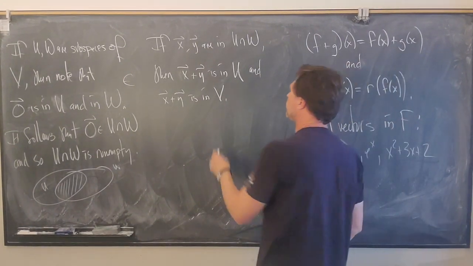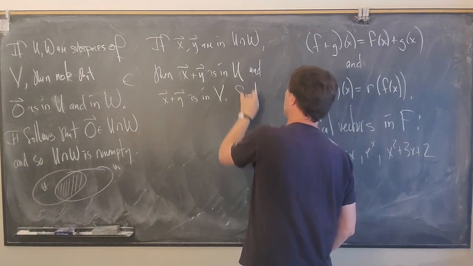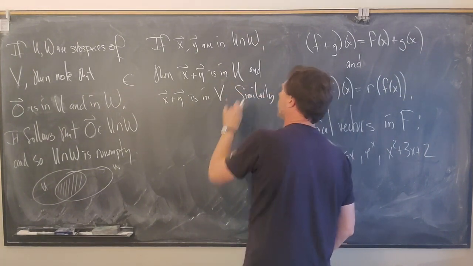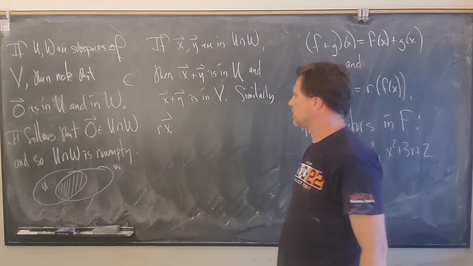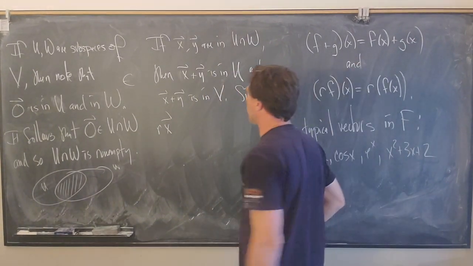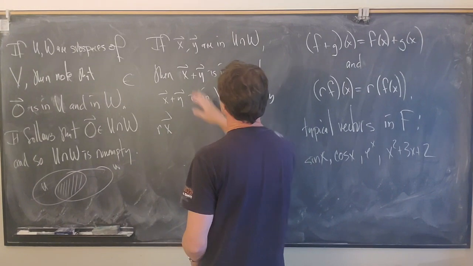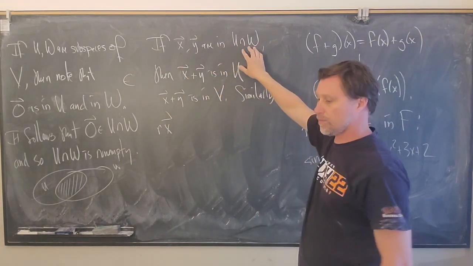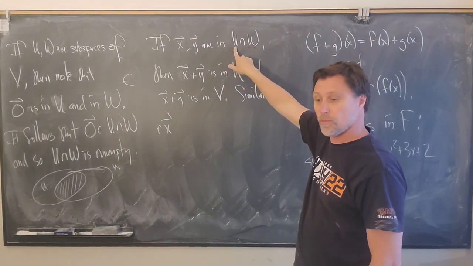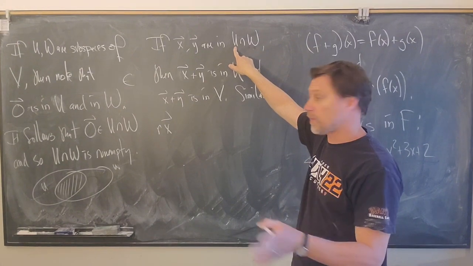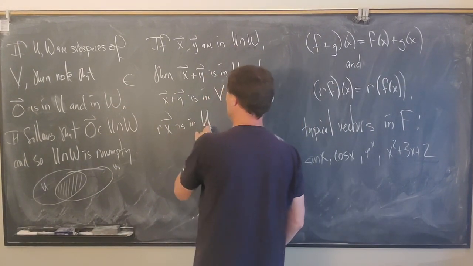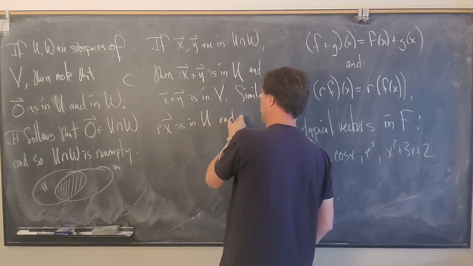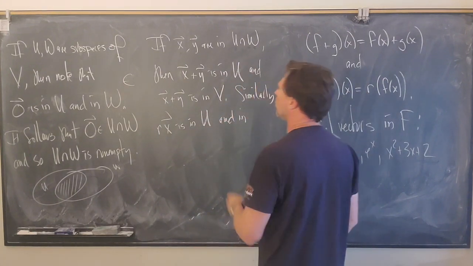So similarly, if I look at R times X, if X lives in the intersection, then X lives in U. U is closed under scalar multiplication. That means that Rx is in U, and, sorry, I used V here.